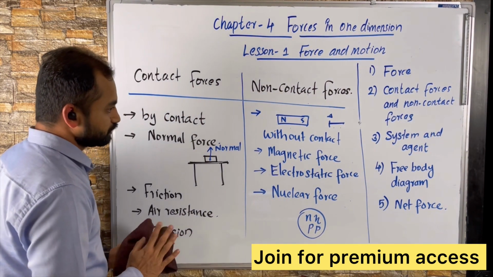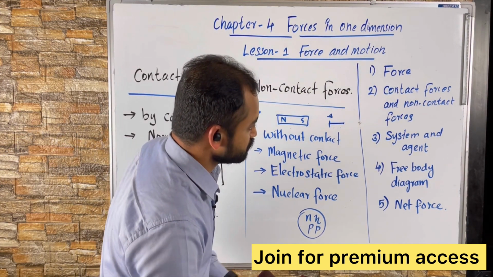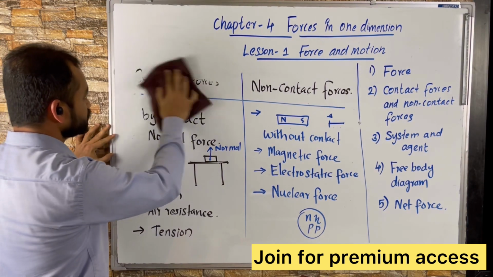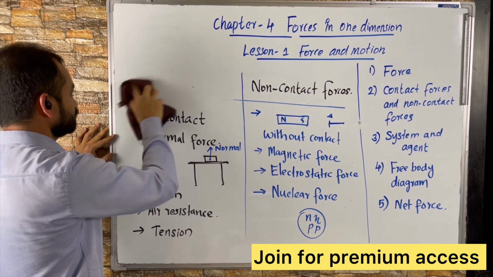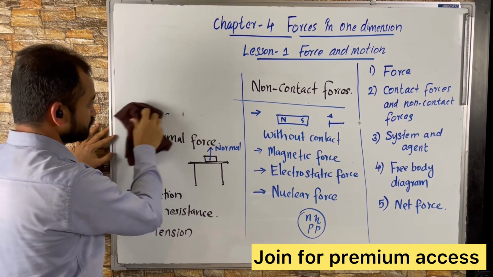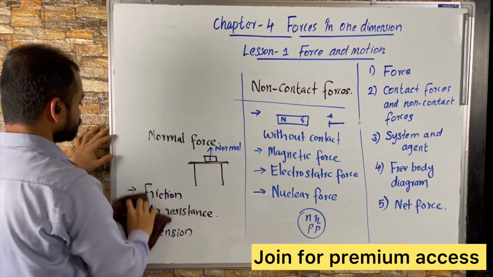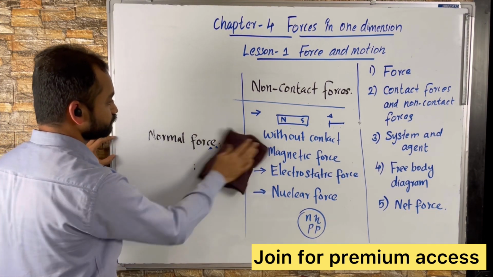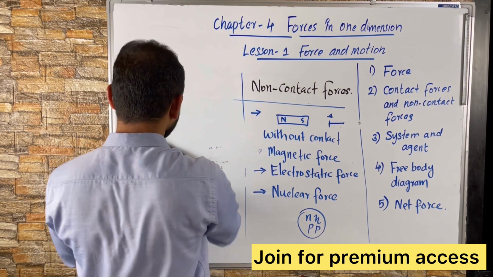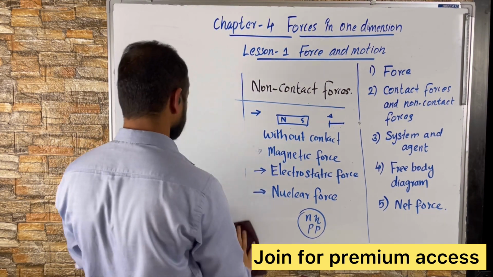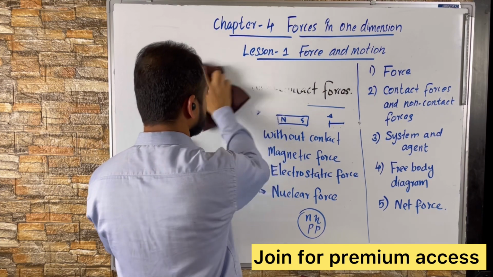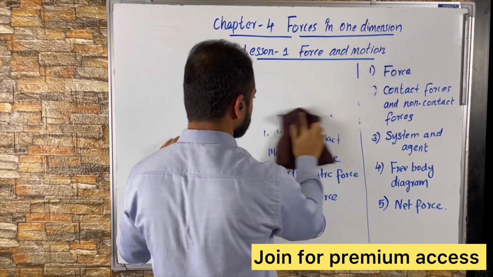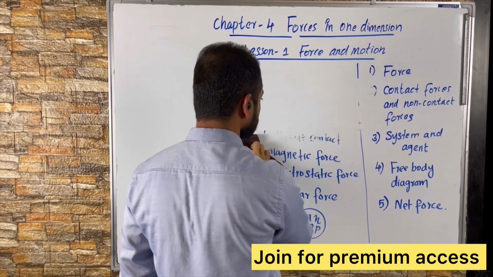Okay. Next, we will discuss system and agent. Have you studied this system and agent? Okay, so can you tell what you know about the system and agent? Can you tell what is there on your table?